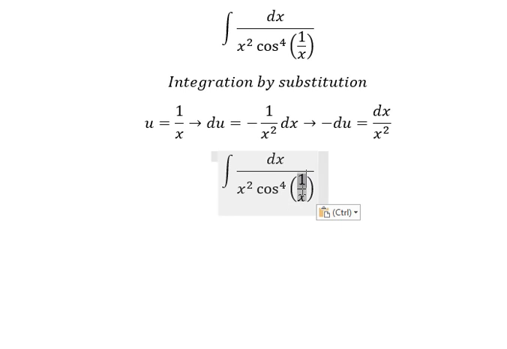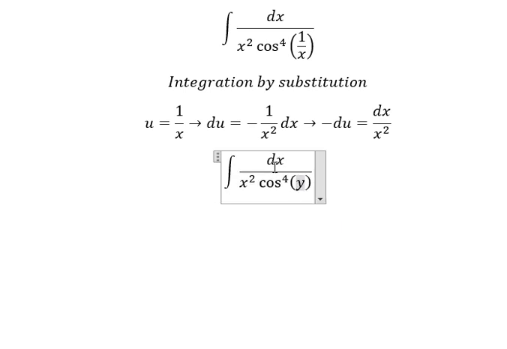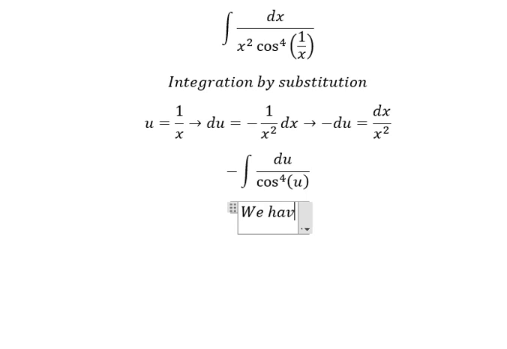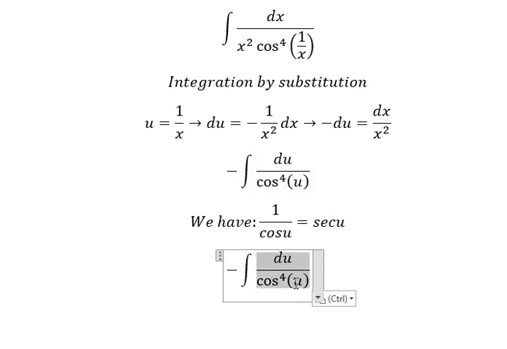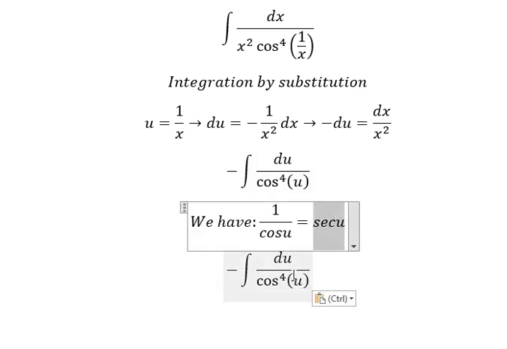Next we change for u, ds over s, where we change for negative du. So we have the formula in here. So we need to transform this one into this one.